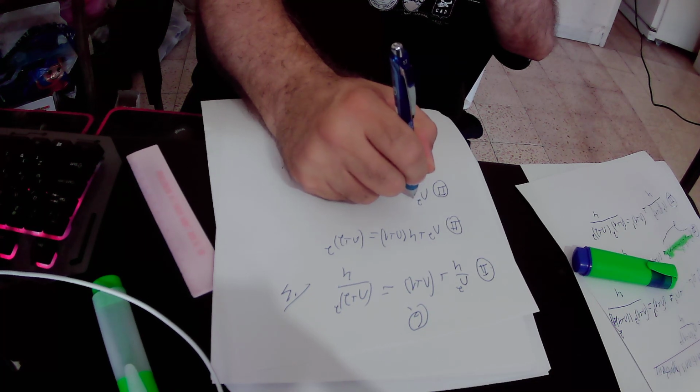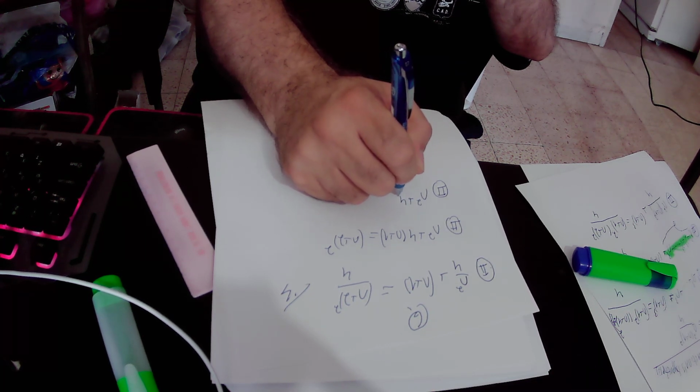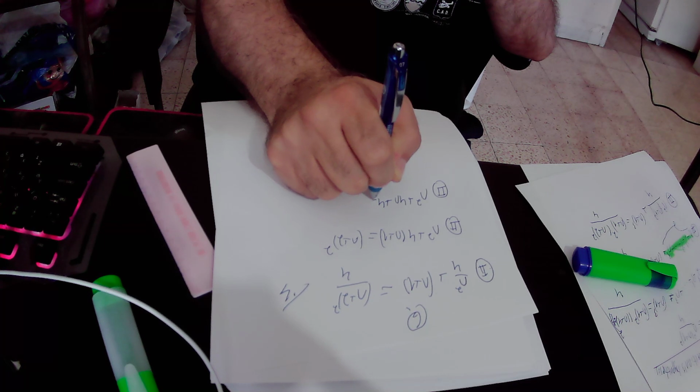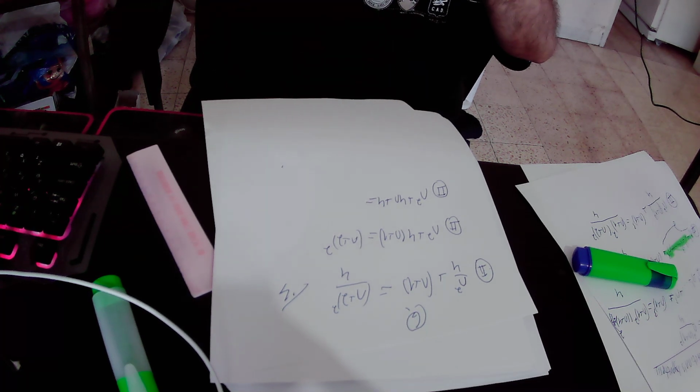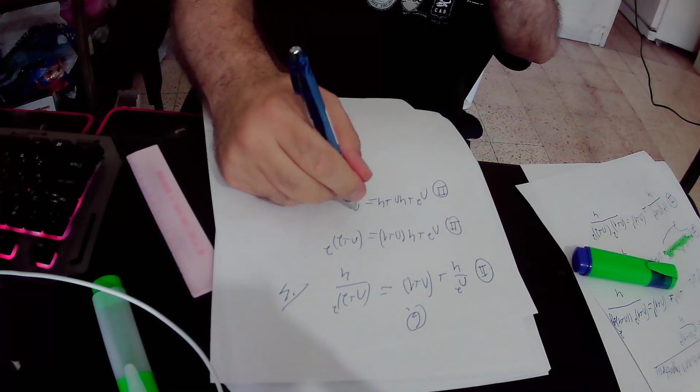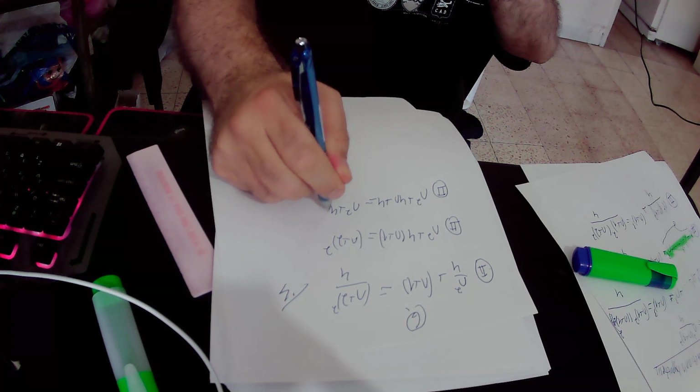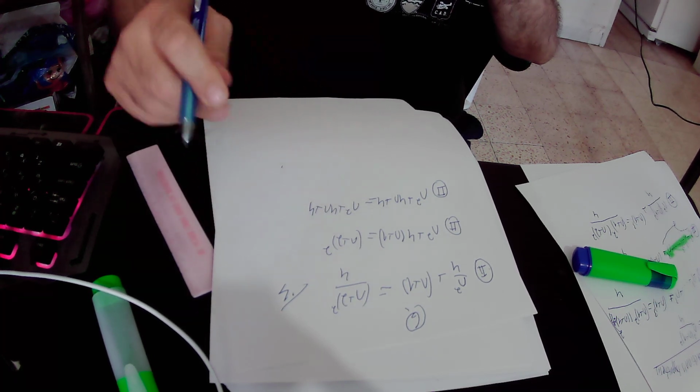We get that n² plus 4n plus 4 equals n² plus 4n plus 4.